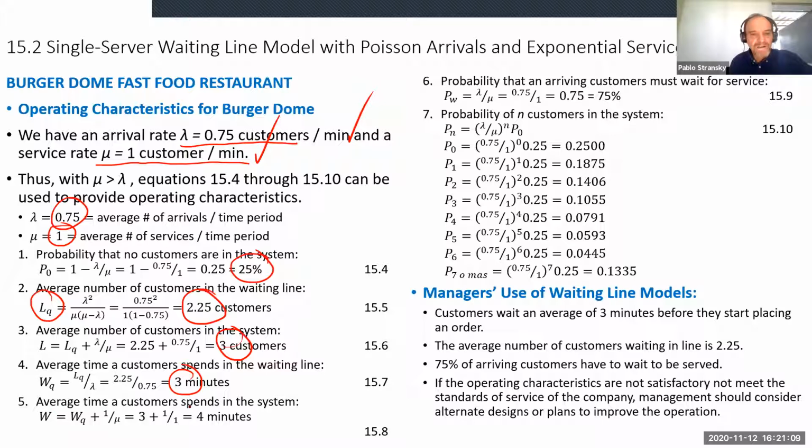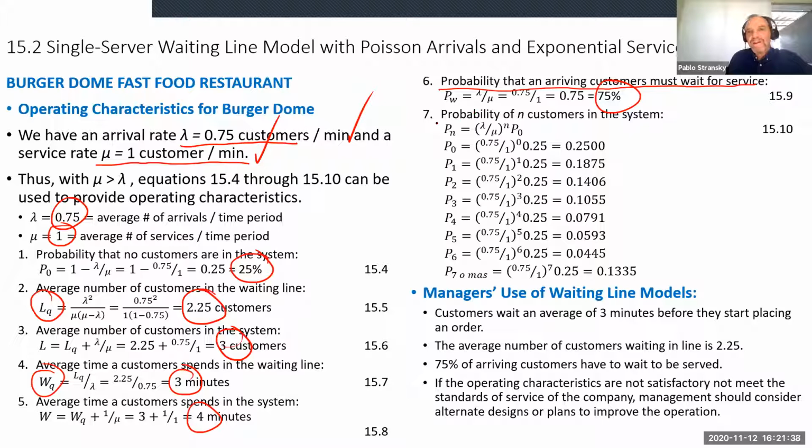Average time a customer spends in the system, W, equals WQ, that we already have, plus 1 divided by mu, so it's going to be 4 minutes in the whole system, okay? The probability that an arriving customer must wait for the service is 75%, okay?